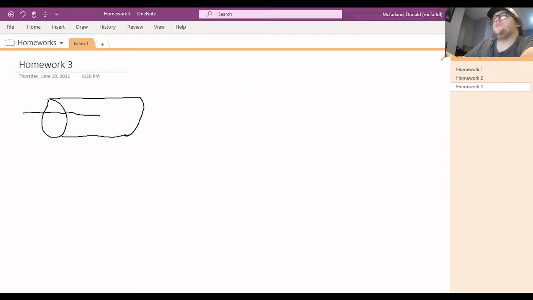What our problem looks like: we have a log floating in water, and the top of the log is h above the water level. Now we're assuming the log is a perfect cylinder with a length of L.